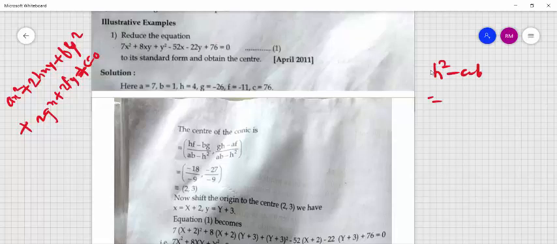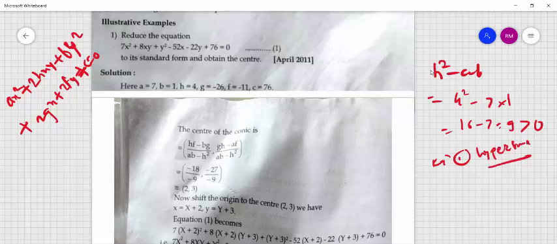Just compare the coefficients: the coefficient of x square is a, so a equals 7. We get all values of a, b, h, g, f and c. So just calculate h square minus ab, that is 4 square minus 7 times 1, so 16 minus 7 is 9, and that is positive. And if h square minus ab is positive, then equation 1 is a hyperbola.